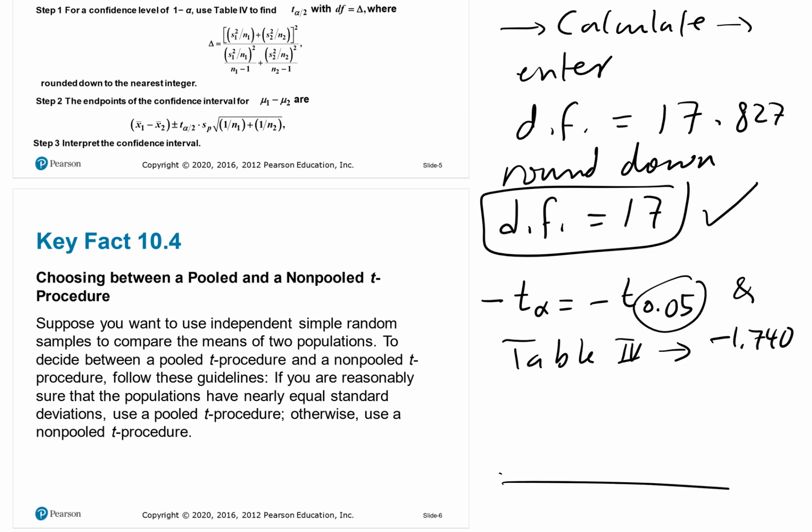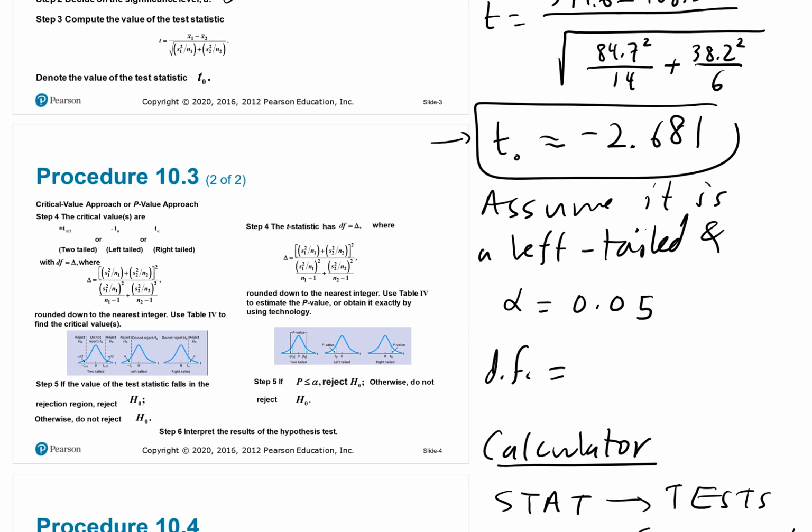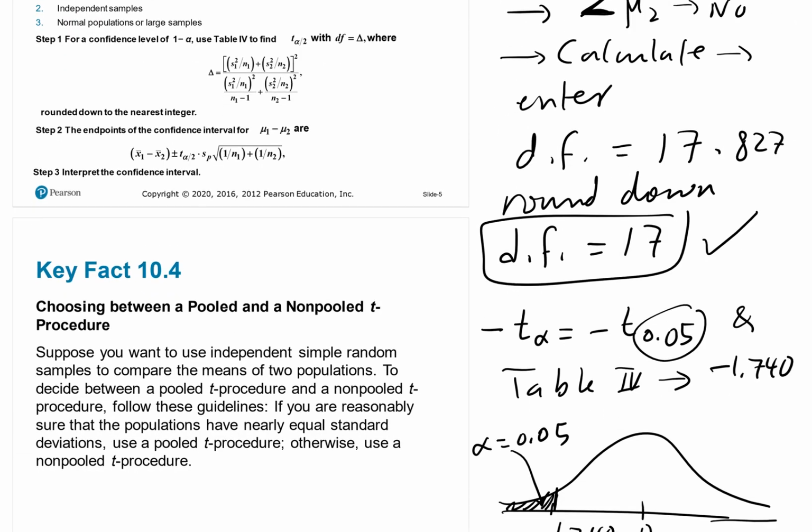So graphically, if you want to see what that means, this is 0 here, negative 1.740, and this is the area. The area is alpha, which is 0.05. This is the critical value approach. To see if we need to reject the null hypothesis or not, we need to go back and check what we got for t0. Degrees of freedom is 17. Where does t0 fall? Negative 2 point something.